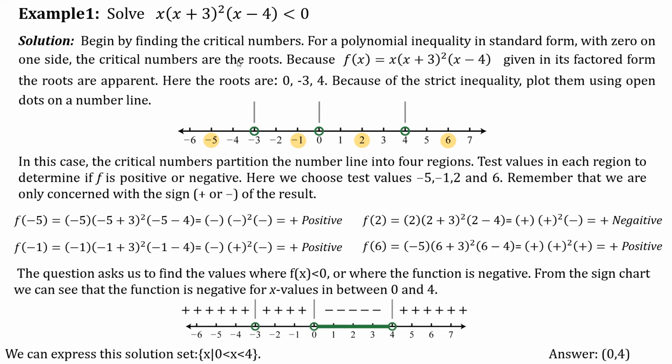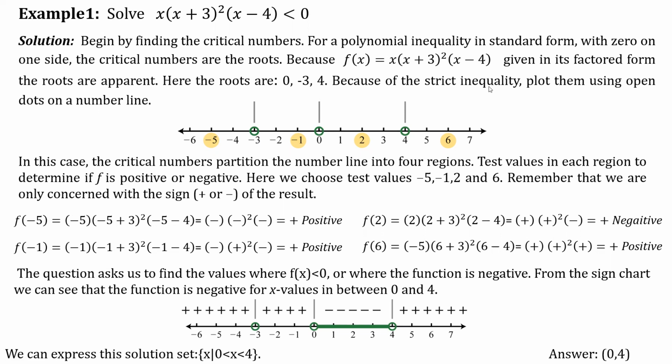The critical numbers are the roots, because f of x is equal to this equation. Given its factored form, the roots are apparent. So we find critical numbers by setting this function equal to 0, and here the roots of this equation are -3, 0, and 4.